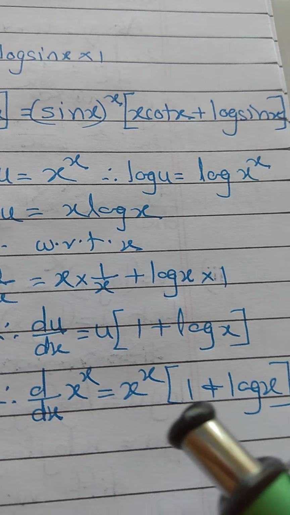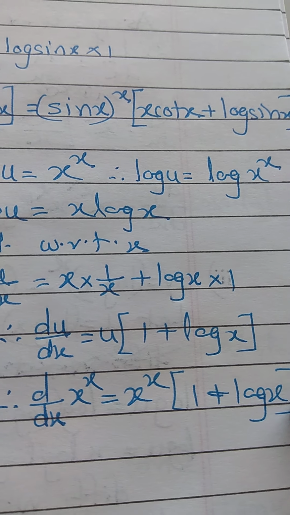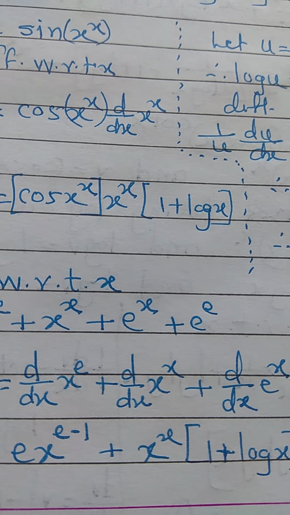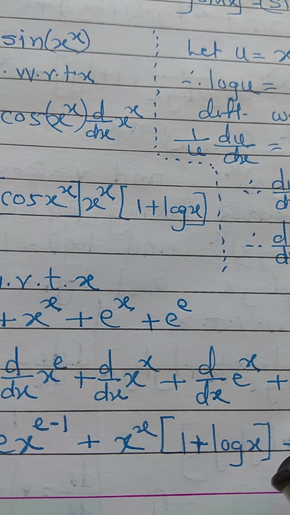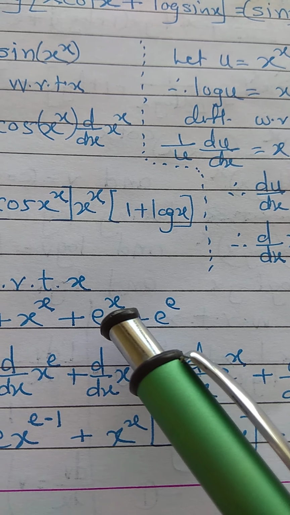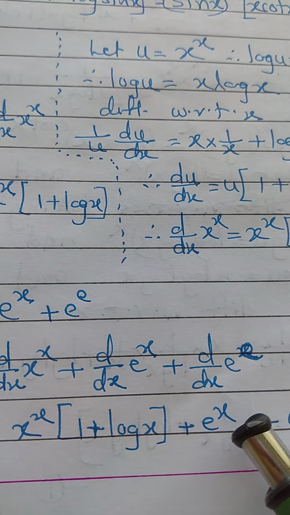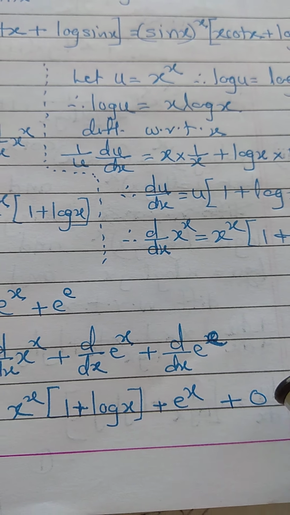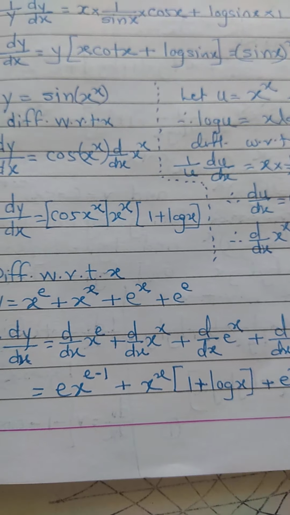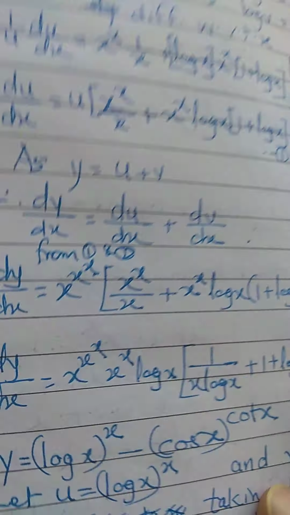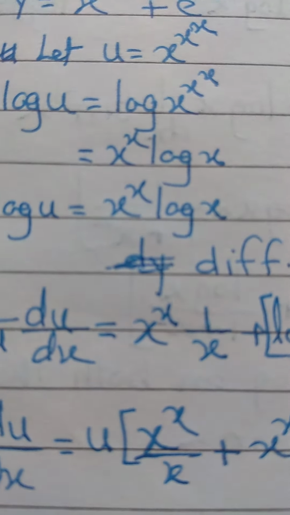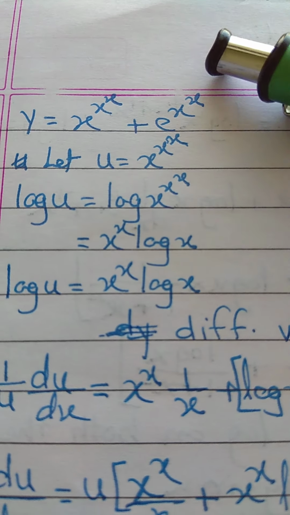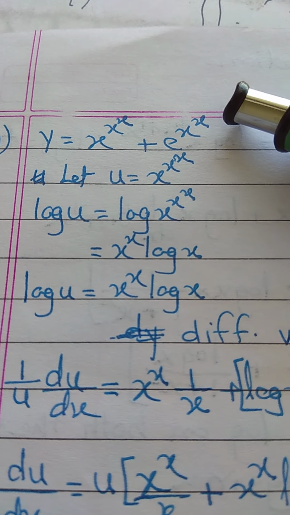According to the previous result, derivative of x raised to x is x raised to x in bracket 1 plus log of x. Now we know that derivative of e raised to x is e raised to x, and derivative of e raised to e, that is a constant, is 0. Hence the answer.